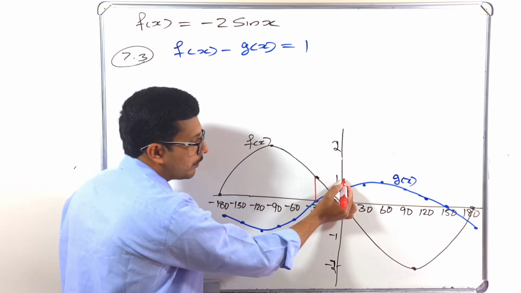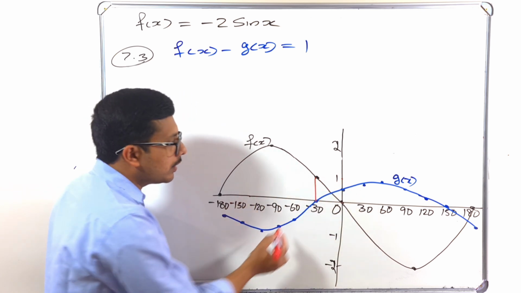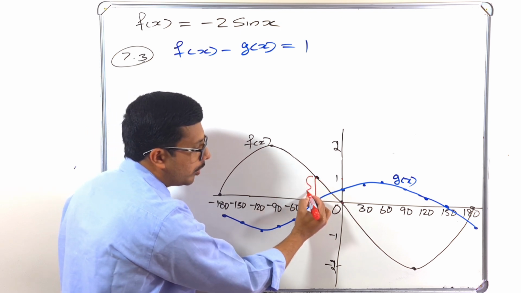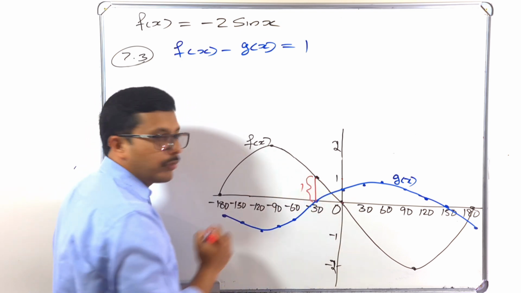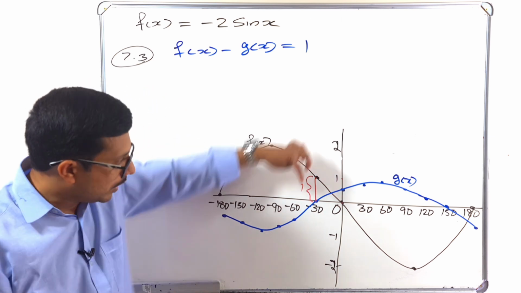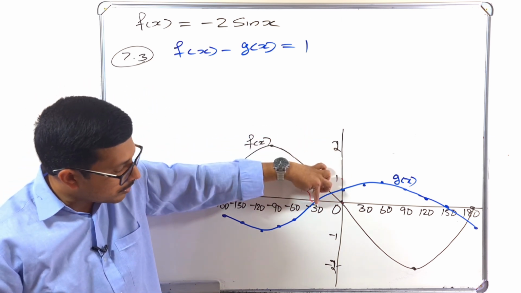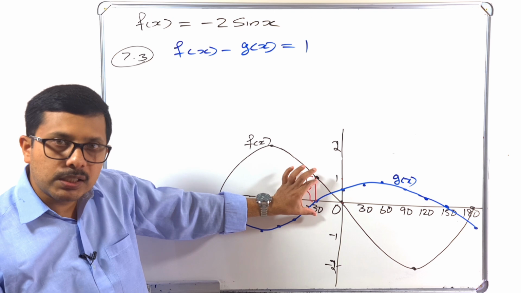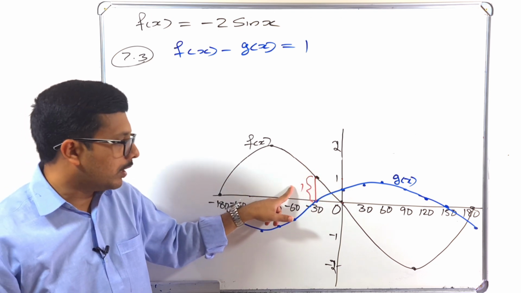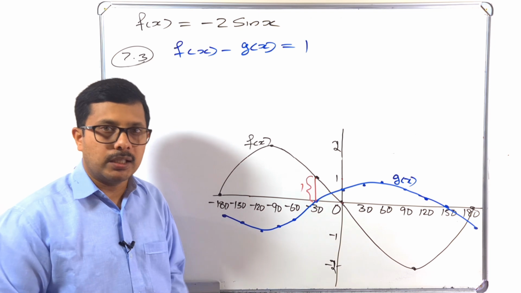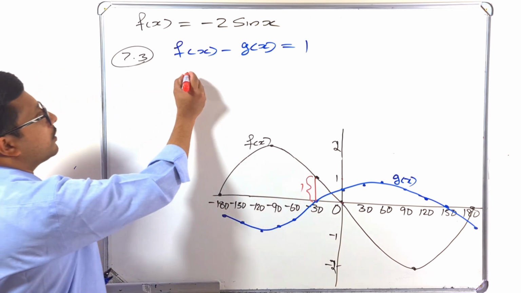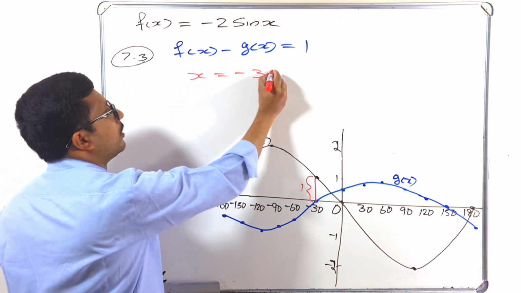At this point, what is the y value? 1. So what is the difference between these two points when x is minus 30? The difference is 1. So it means that f of x minus g of x is exactly 1 when x is minus 30. So what is the answer? The answer is x is equal to minus 30.